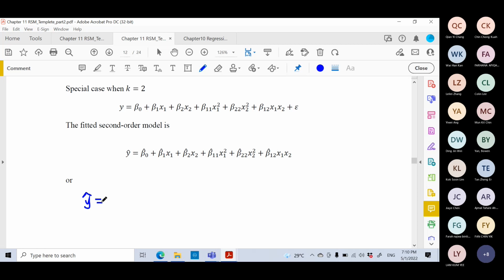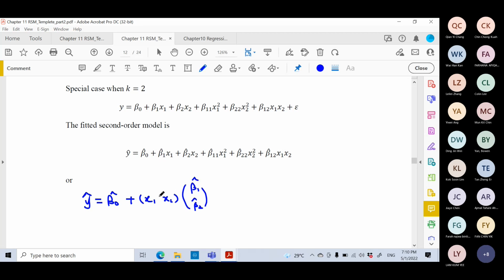Y hat is equal to beta naught hat, and then continuing, I will write these two terms.